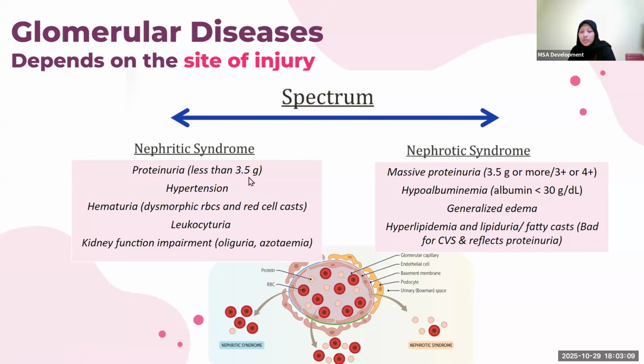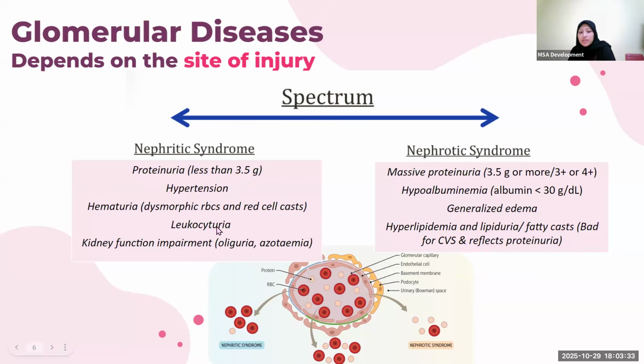The protein amount would be less than 3.5 grams over 24 hours. Again, there could be high blood pressure and hematuria, meaning red blood cells in the urine. Because of this damage to the filtration barrier, remember how I said they are used to keep them out? The blood and protein will pass through the damaged filtration barrier.